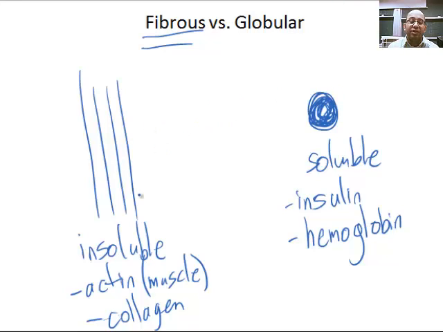But what causes these structures? Why are some long threads fibrous and some form globs? Well, it has to do with the characteristic of the R side chain. Are they polar or are they nonpolar?